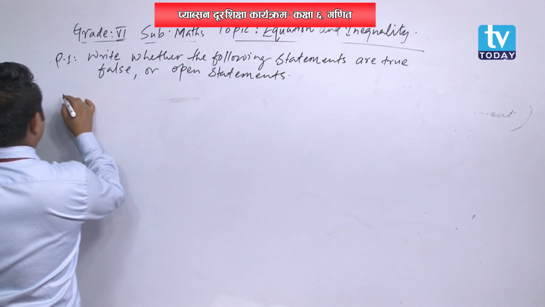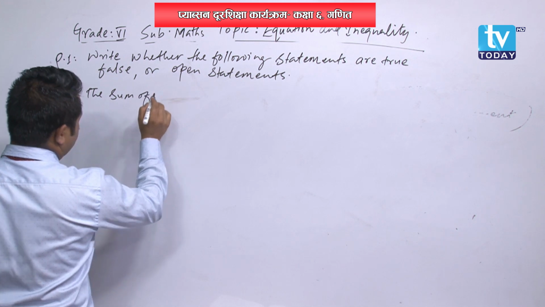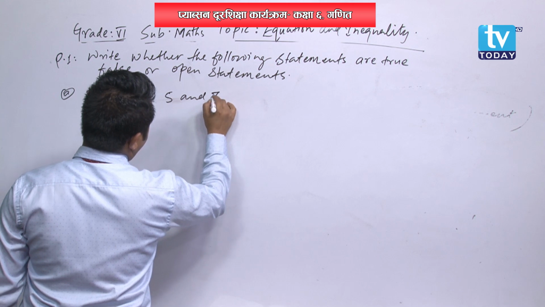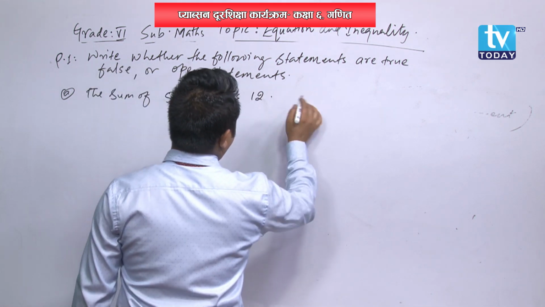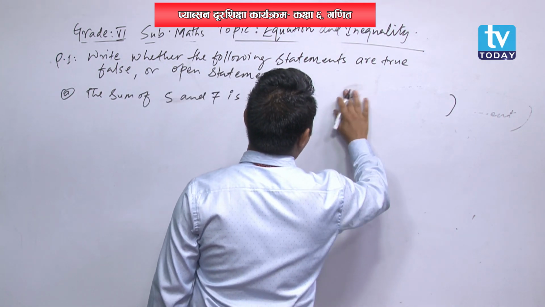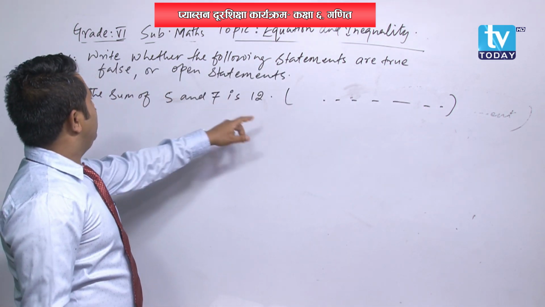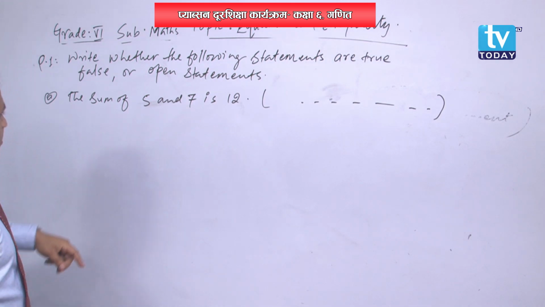Number A, the sum of 5 and 7 is 12. What kind of statement is this? Please write here, fill in the blanks, whether this is a true statement, false statement or open statement. Please write yourself.